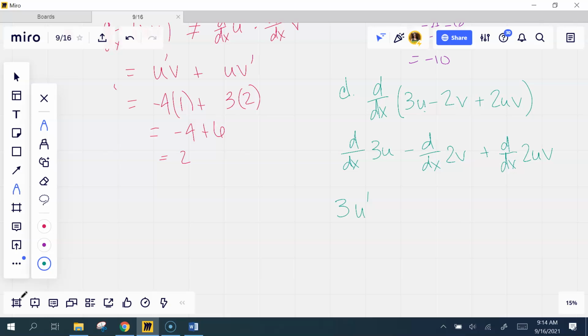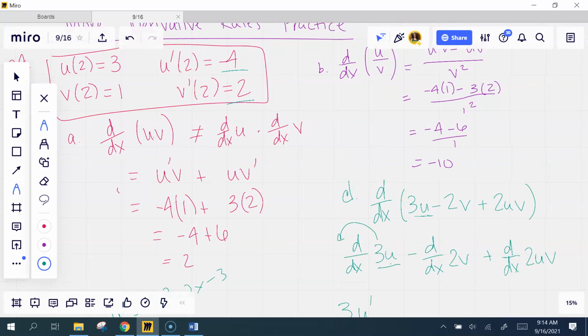I'm taking the derivative. The constant multiple rule says I can bring this 3 around front. No, you're thinking I'm telling you that u is a function. It could be that u is 5x squared plus 2x minus 3. I don't know what u is. It's a function though.